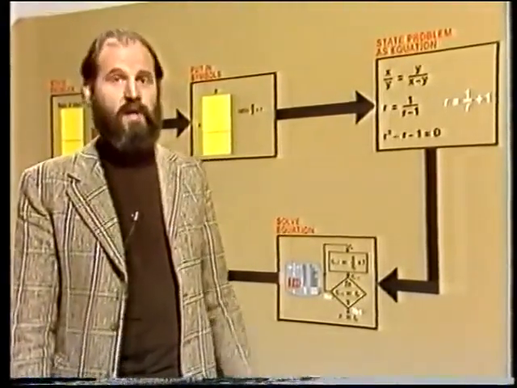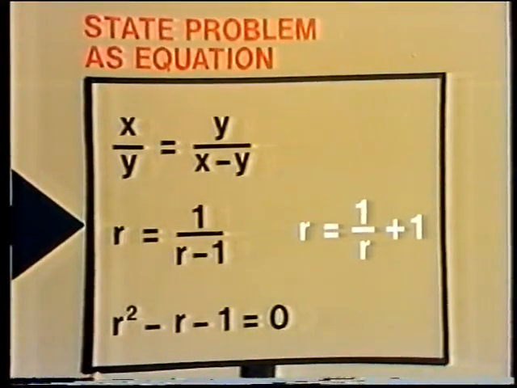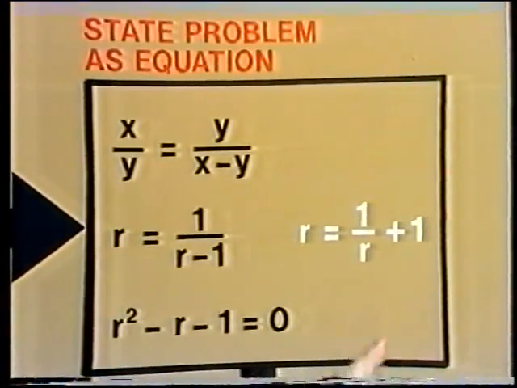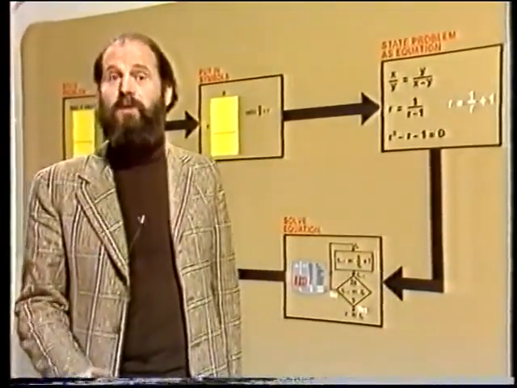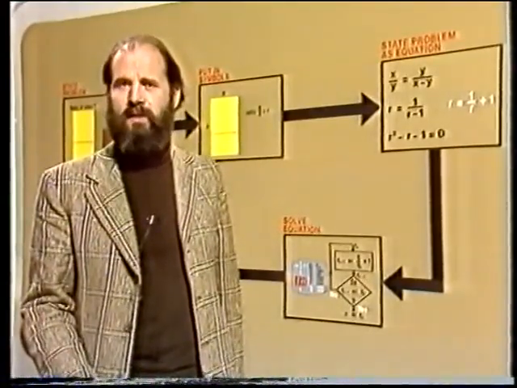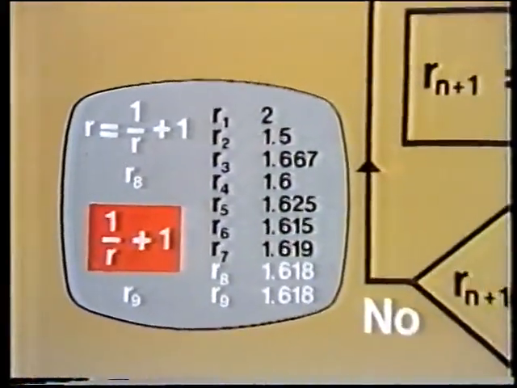So that's a different way of solving this equation. And it's based on a rearrangement of the equation, this rearrangement. There are, in fact, other rearrangements we could have used, and you'll learn much more about that later in the course. But let's now take a closer look at the iteration process we've just done.